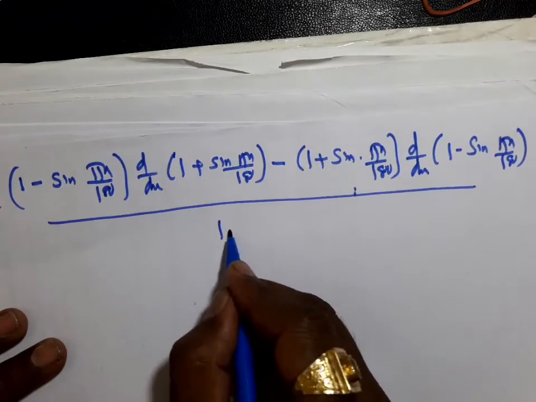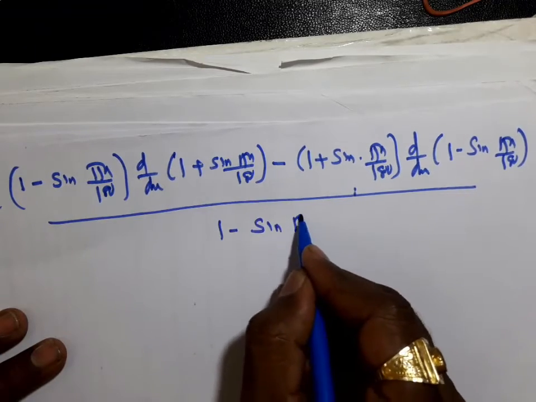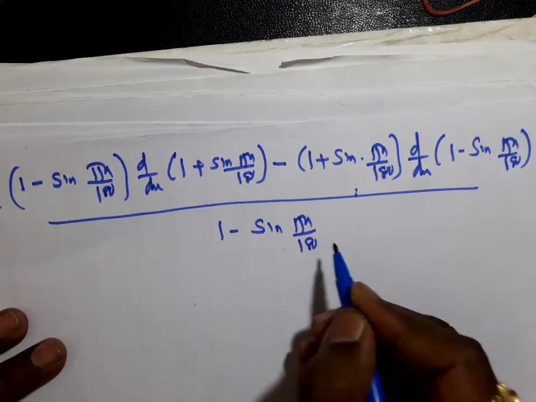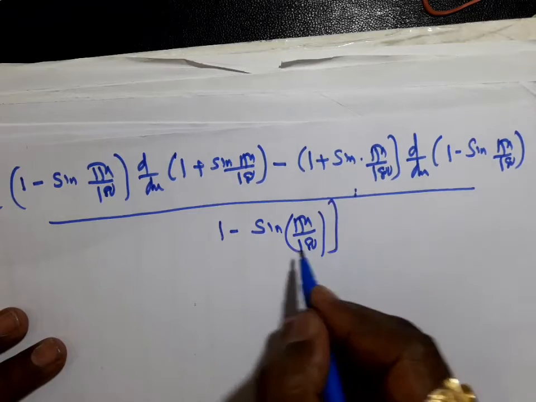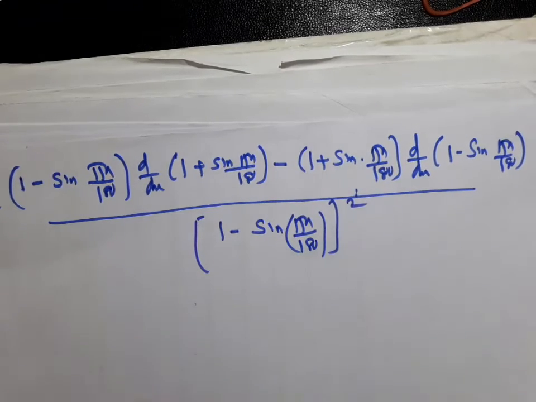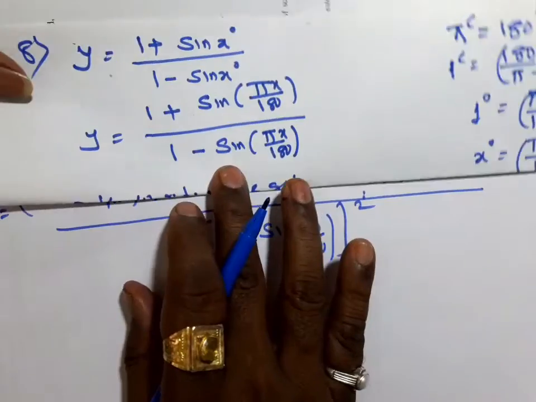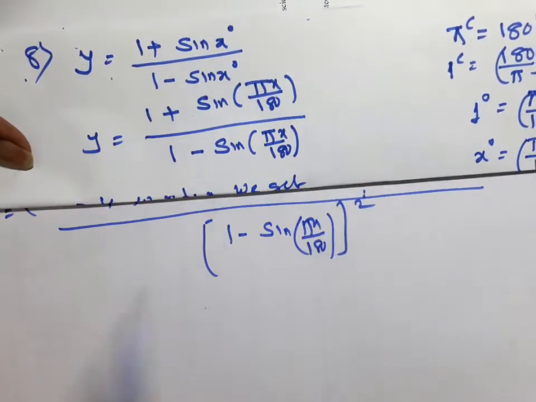V square means (1 minus sine pi x upon 180) whole square. This is our example. So this is u, this is v.